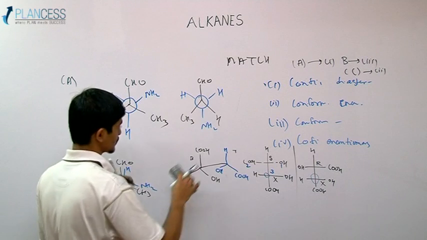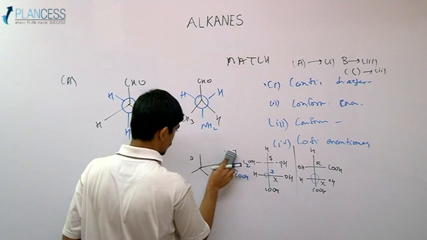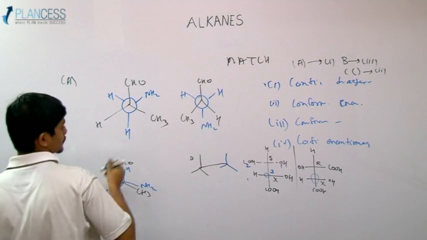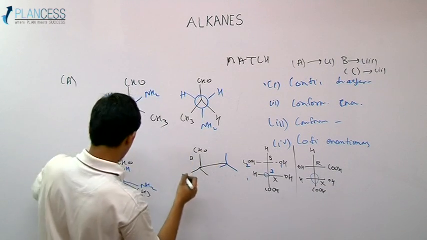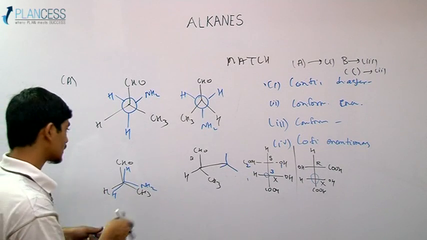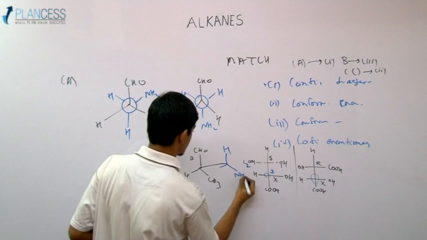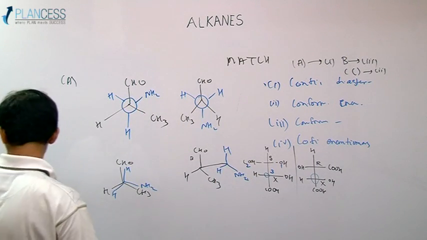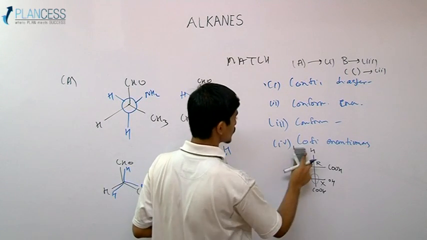If you write the sawhorse projection, we have CHO on the front, then CH3, and then H. Now at the back we have H corresponding to CHO, NH2 corresponding to CH3, and H corresponding to H. Fine.